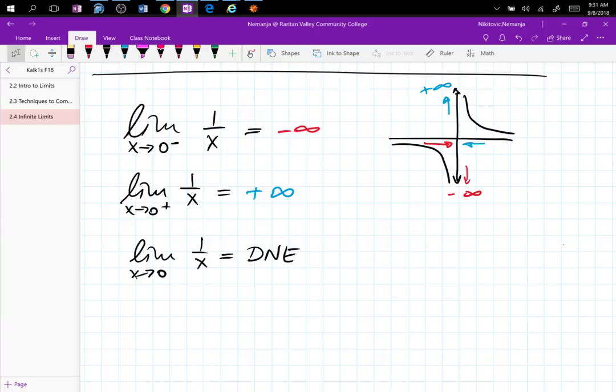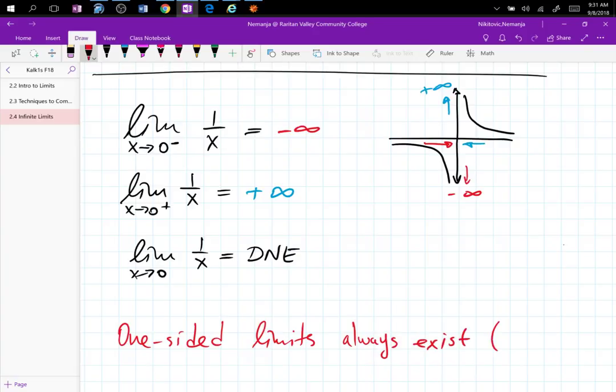If it didn't click last time, it must click now, and I'll write it in blood. One-sided limits always have an answer. You cannot have does not exist on a one-sided limit. So the one-sided limit answer is always there. We have positive and negative infinities in this case. So one-sided limits always exist, either L or infinity.